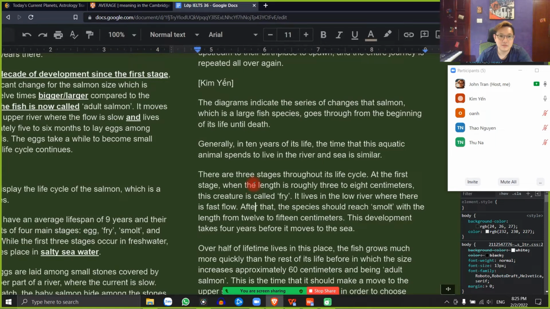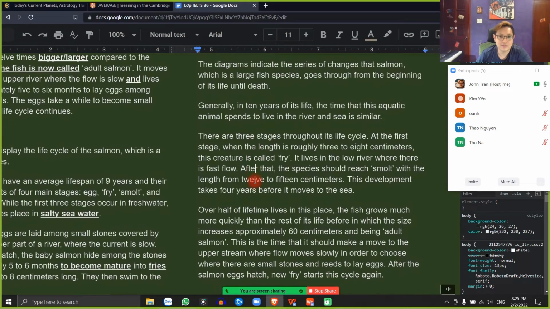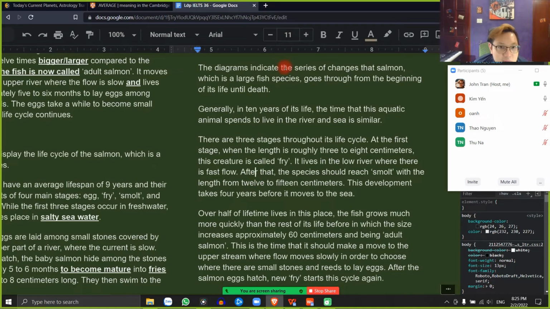Now, let's go on. The diagram indicates the series of changes of salmon, which is... Wait, there's no mentioning about its death. Nó đâu có nói gì về cái chuyện nó chết lúc nào đâu ta. Nhưng mà vòng đời thì nó phải chết chứ gì.